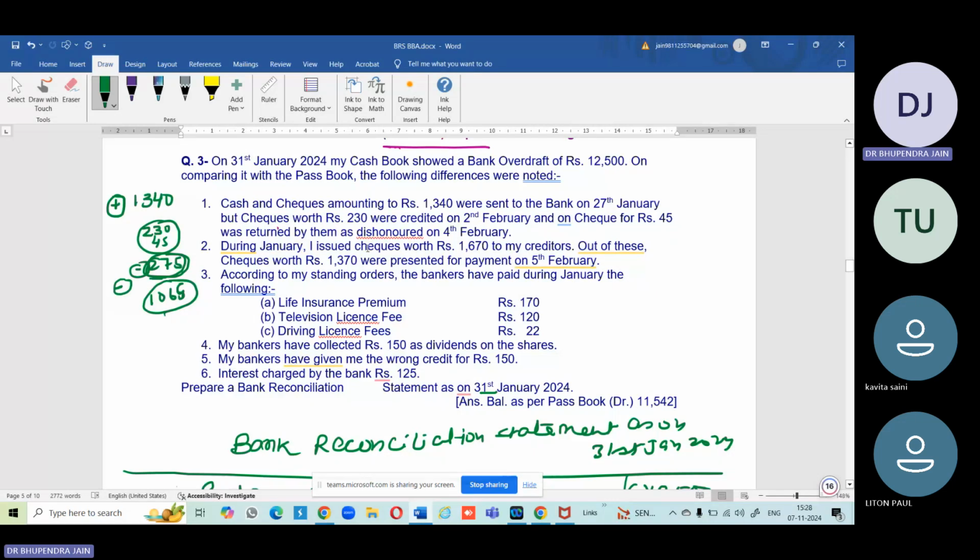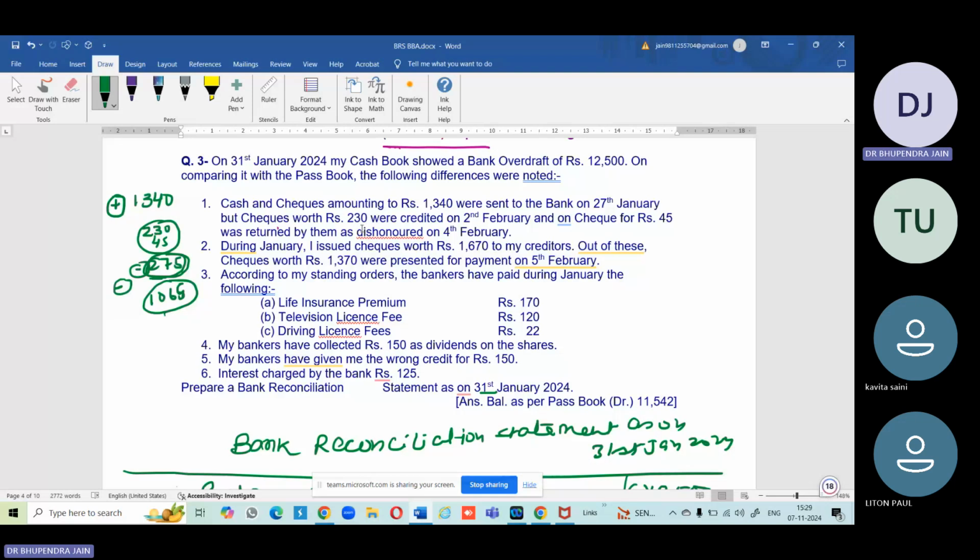But of the two checks, one check of 230 is credited after 31st Jan, and one of the checks has been dishonored. So both the checks are not credited in the bank account, but you have deposited the amount in the bank account in the cash book. That's why we have to subtract the balance so that we can match the balance.